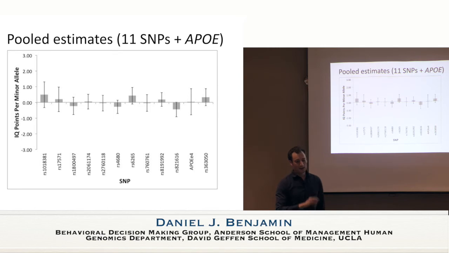So that's to say we didn't find evidence for any of these candidate gene associations. Moreover, we're ruling out non-tiny effect sizes. The standard deviation of IQ is 15. And typically, the candidate gene associations that have been reported were pretty substantial in magnitude, a standard deviation or more.